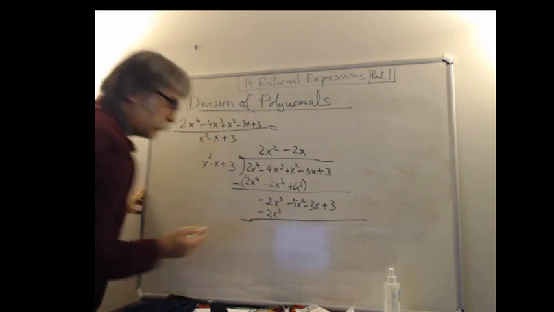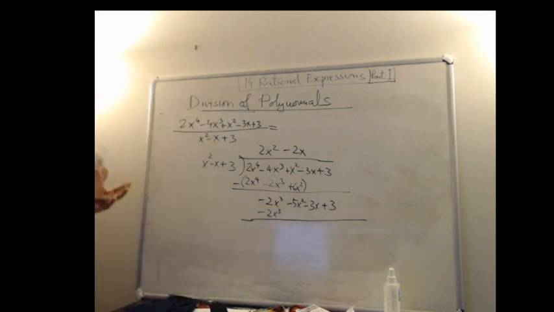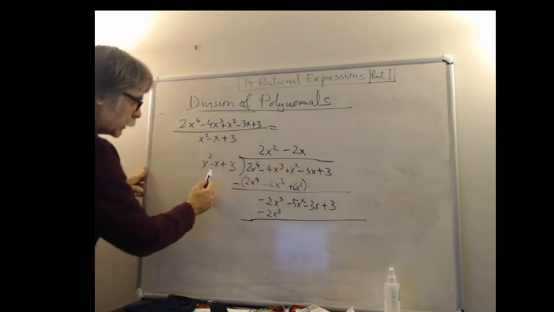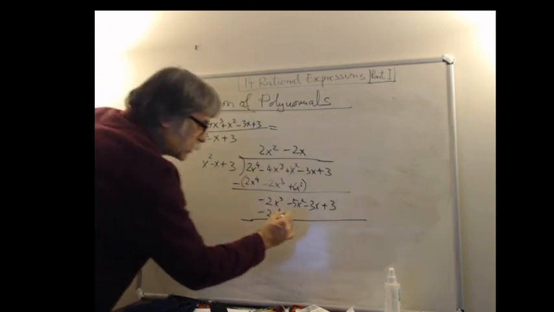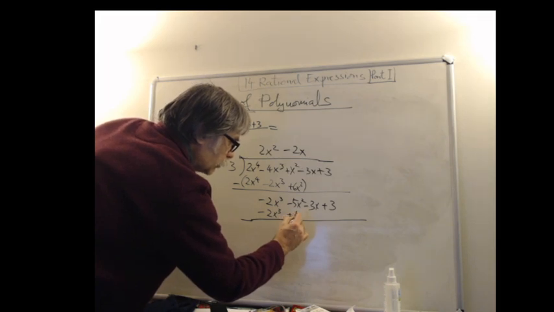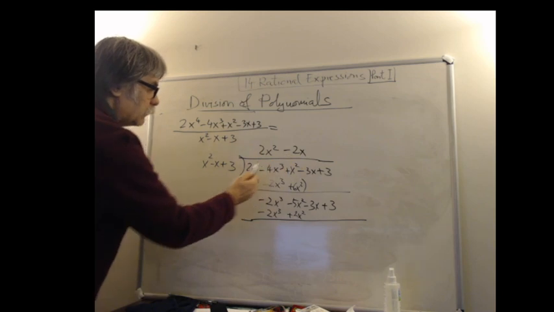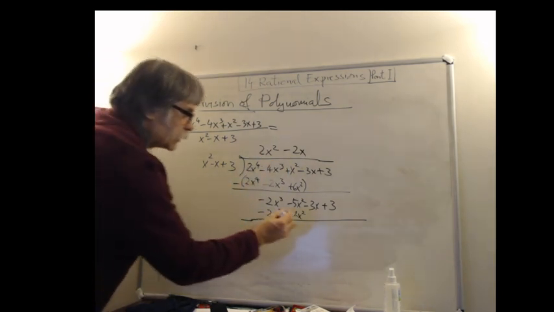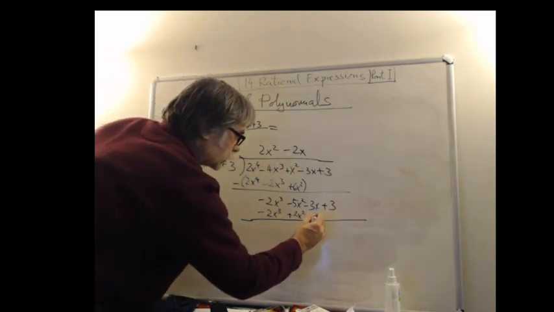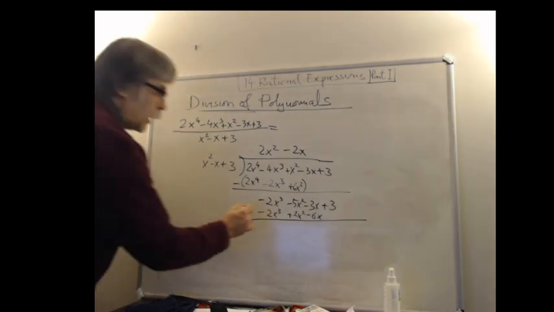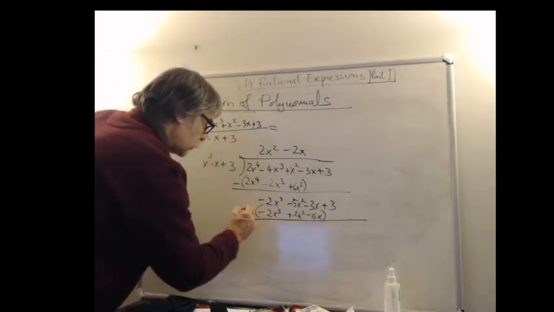That's exactly it, it must have a match because you want to get rid of it. Negative 2x times negative x is positive 2x squared. Last, negative 2x times 3 is negative 6x. Now you need to subtract.